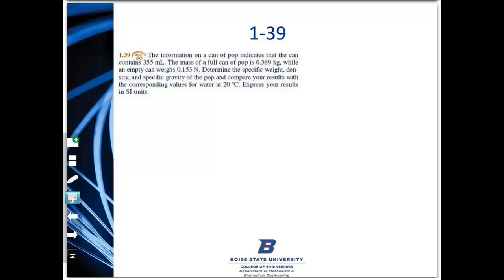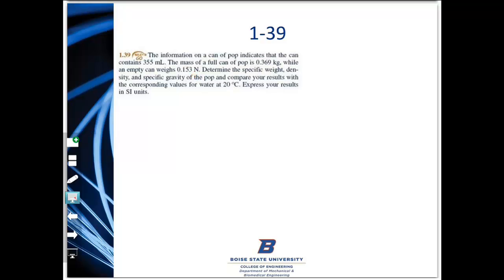The information on a can of pop indicates that the can contains 355 milliliters. So what you're given is the volume, okay? And you should be able to realize those from the units given. The mass of a full can of pop is 0.369 kilograms, while an empty can weighs 0.153 newtons.